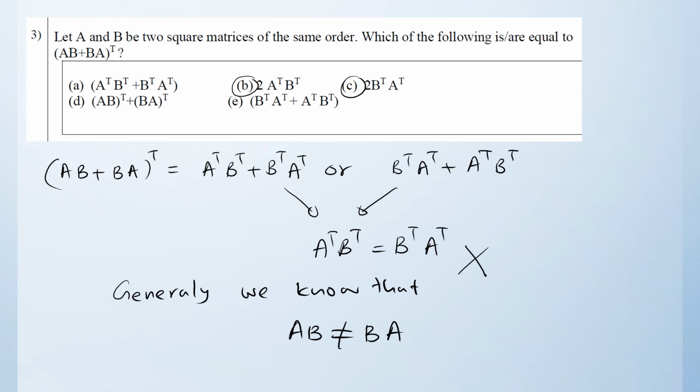AB is not equal to BA. That is true for the transpose multiplication as well. Since this is incorrect, we will not be able to get these two results. Those two are incorrect. So finally the answer will be only A, D and E.